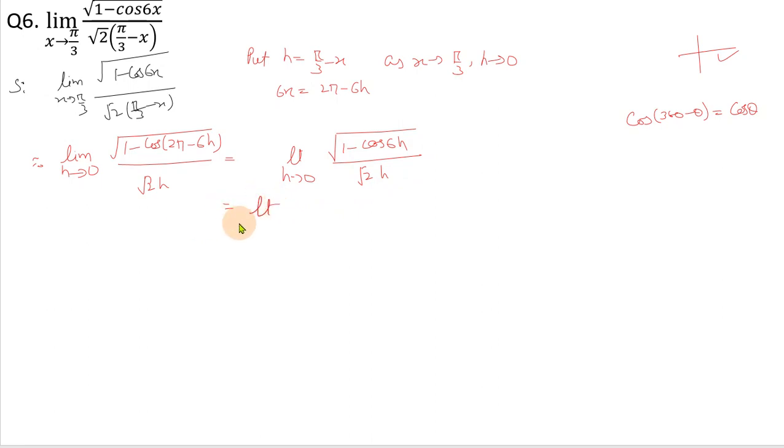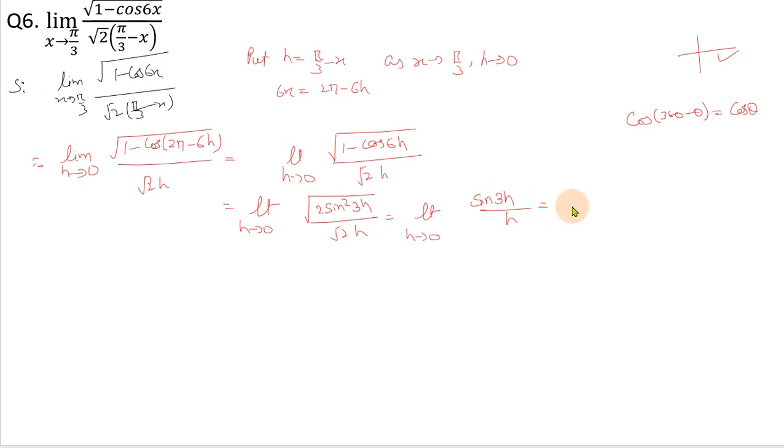Now we can apply the 1 minus cos 2x formula here. So this becomes root of (2 sin square 3h) upon root 2h. So this is equal to limit h approaches 0. Root 2h is cancelled from this side, so with the root, sin square is cancelled. So sin 3h upon h.